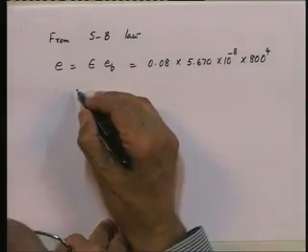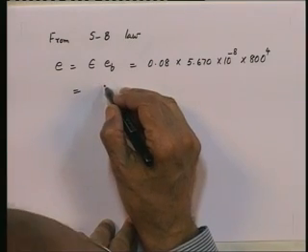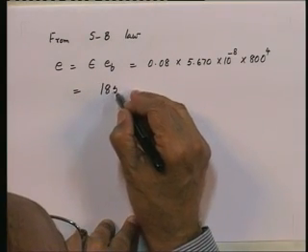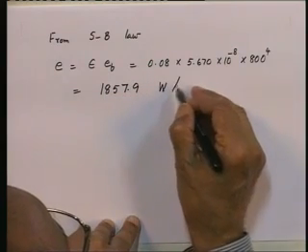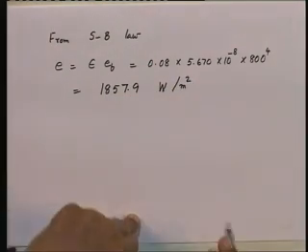So, that comes out to be 1857.9 watts per meter squared.